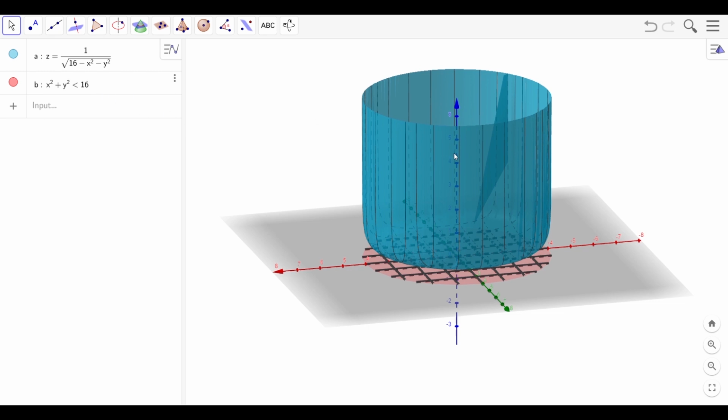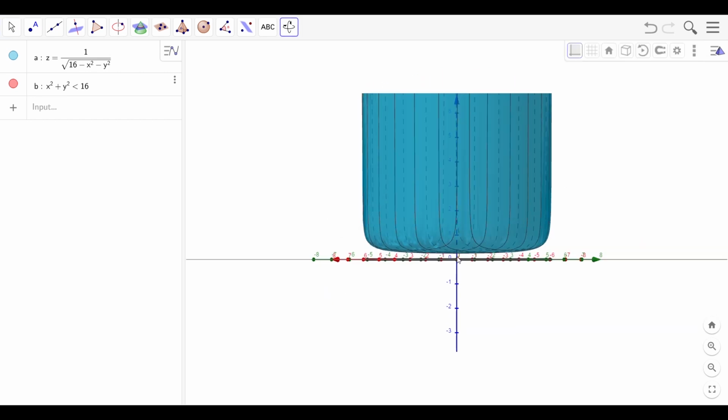And the range is the set of all z values. It starts from 1 by 4 to infinity. Z varies from 1 by 4 to infinity, and x and y vary over this disk. So that is the domain. The values on the z axis corresponding to this domain are the range. Here you can see that this point is 0, 0, 1 by 4.